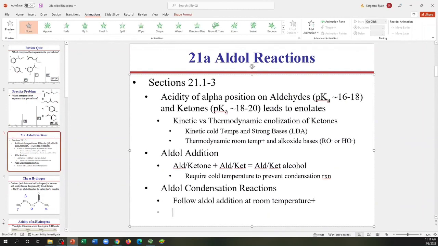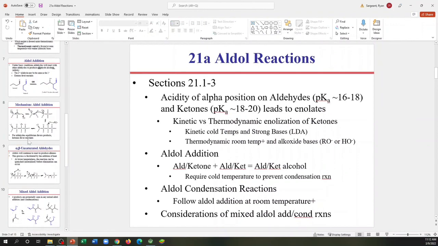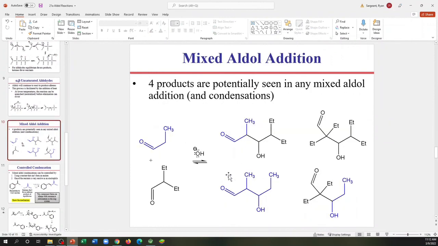And then we talked about strategies, and I'm out of room on this slide. The purpose of this slide is not to make a complete study guide for you, but to show you how I would generate a study guide. So I would then put some considerations of mixed aldol addition or condensation reactions, and you need to talk about how we can cheat the system so we don't end up with a case like this.